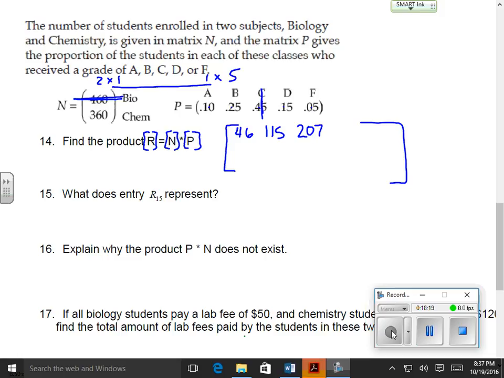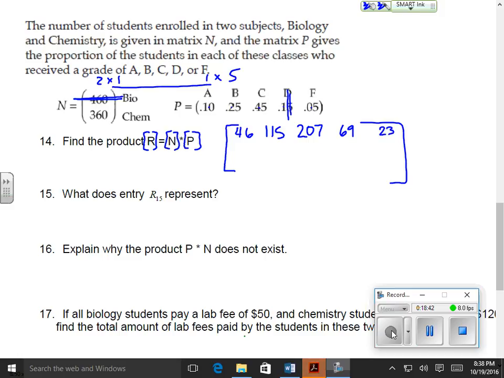Slide it over. Now 460 times 0.15 is 69, and then 460 times 0.05 is 23.